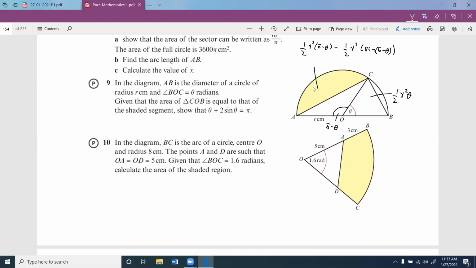Then what you can get here is, if I just work out over here, this is half r squared (pi minus theta) minus half r squared sine (pi minus theta). We know that it's sine theta. Theta is equal to half r squared theta. Then you can say all the terms contain half r squared, so you can cancel them together. So this turns into pi minus theta minus sine theta is equal to theta, right?